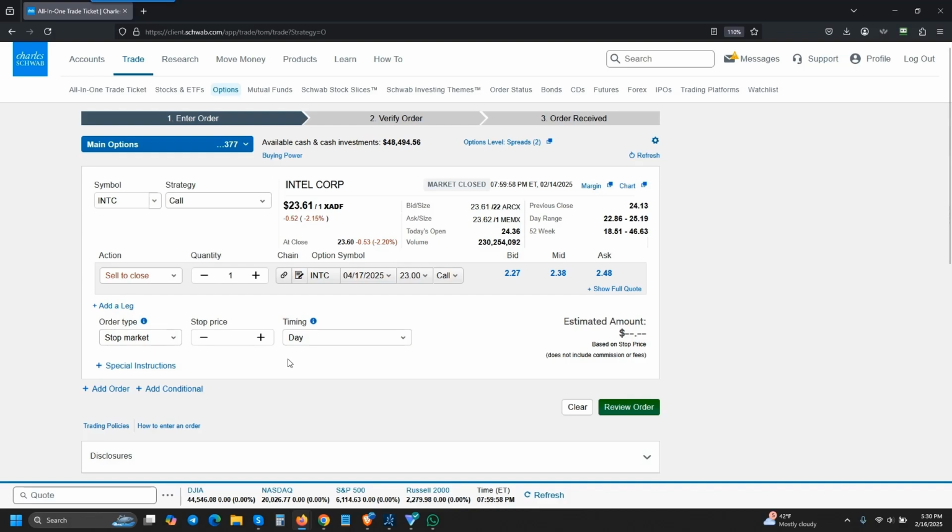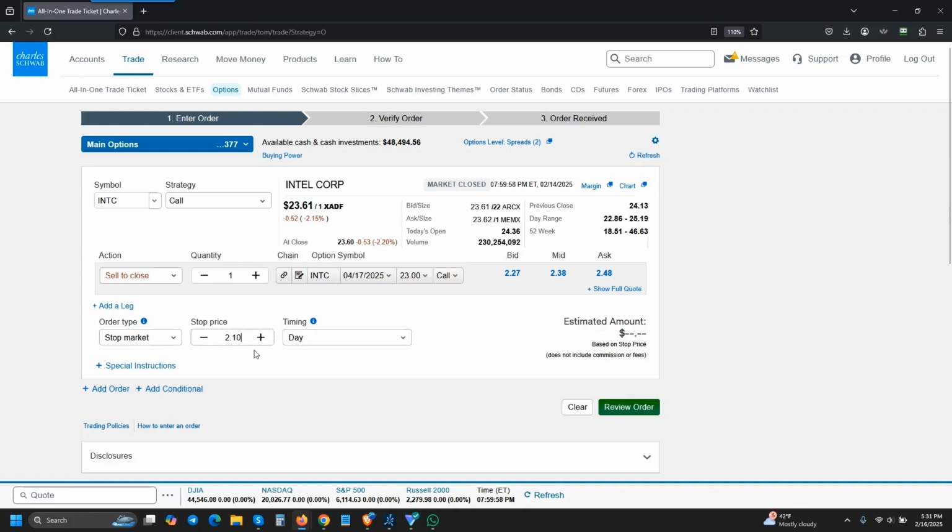A stop market order allows you to set a price. And the reason to set a price might be you really like Intel and you think it's going higher, but you've made a good gain, or you just want to protect your position and you don't want to let it come back too far. And you might say, okay, look, it's at 227 at a minimum. Maybe the last trade was at 238.